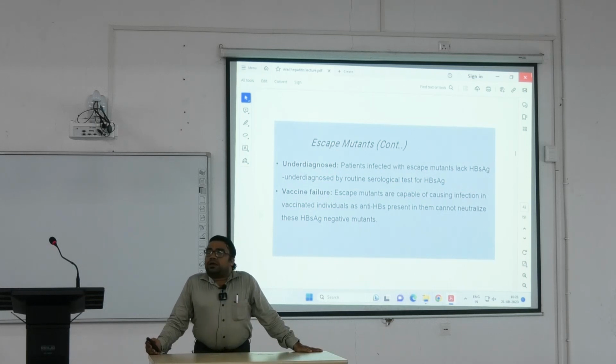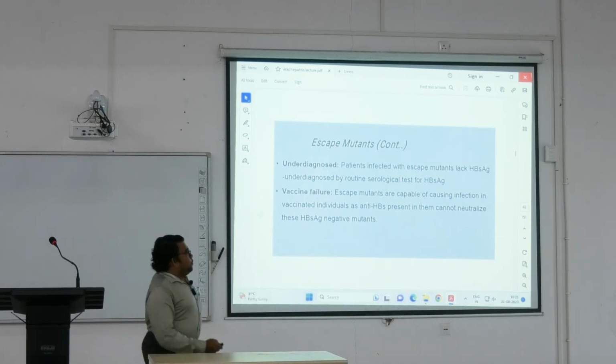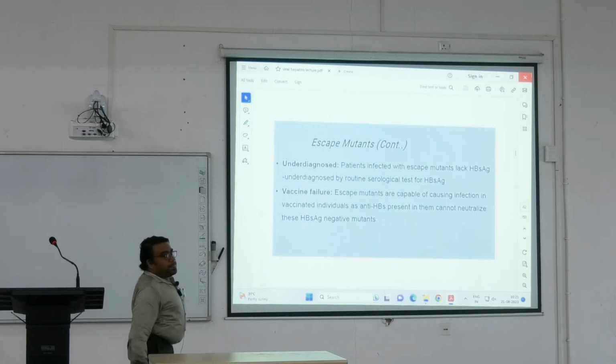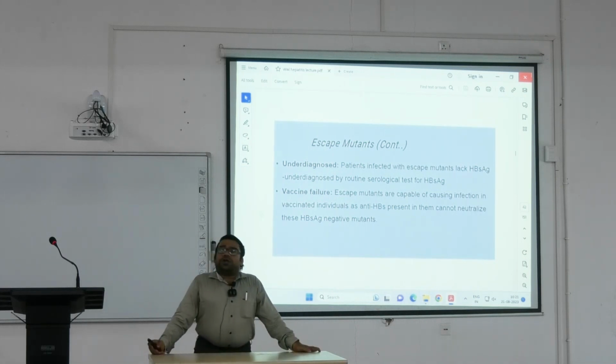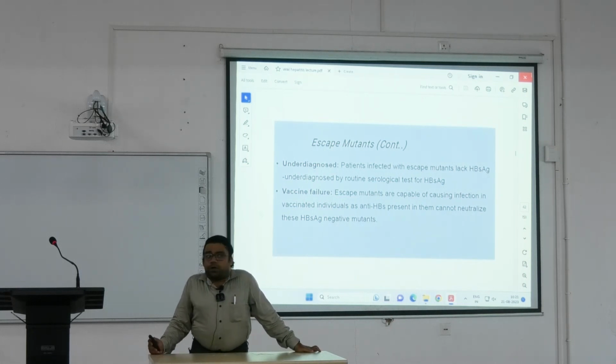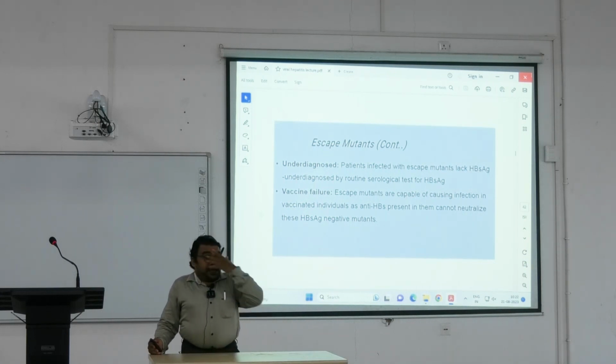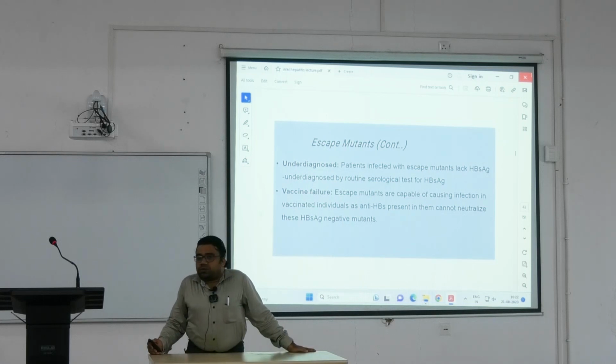So, if in a particular patient the virus is an escape mutant, diagnosis can be missed. Other important part is vaccine failure. Why? I have already told you, immunity is produced by antibody produced against the surface antigen. If a particular virus produces an altered form of surface antigen, the existing antibody will fail to neutralize the virus.